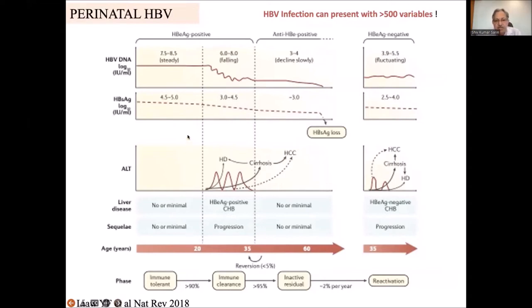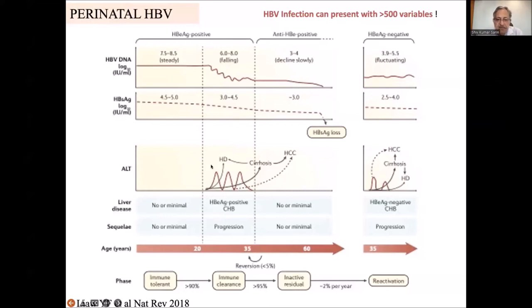Now, as time passes, the body becomes immune active. Immune active means there will be high ALT. If the ALT is high, DNA will start falling. And after some time, maybe 30, 35 years or so, the patient's DNA may go down, surface antigen may go down.